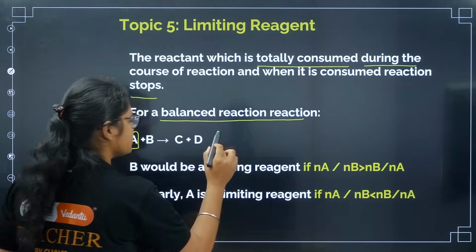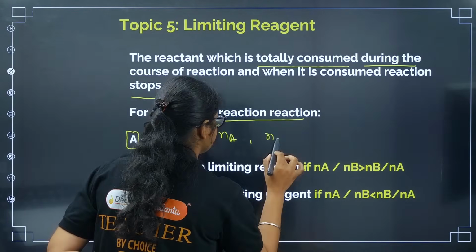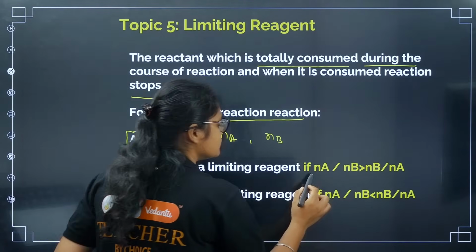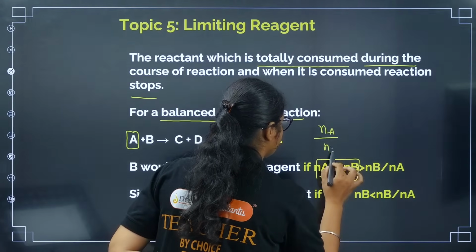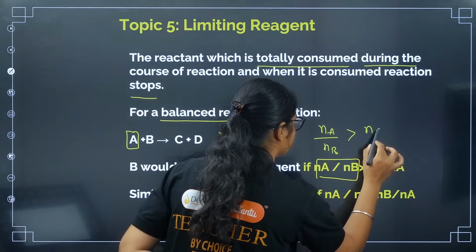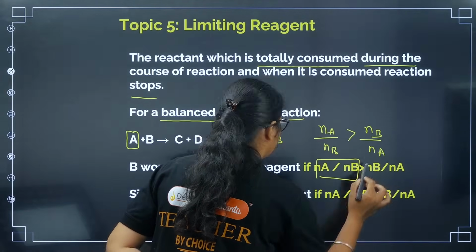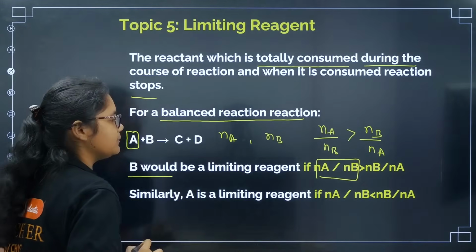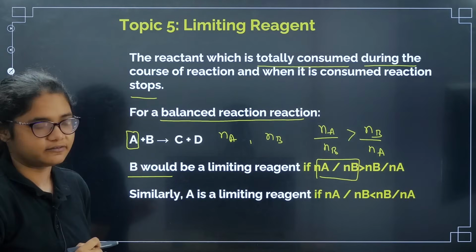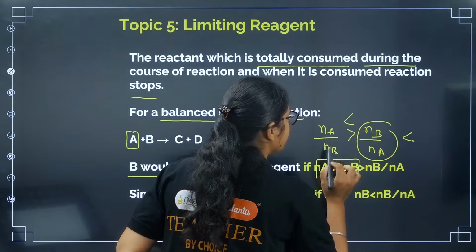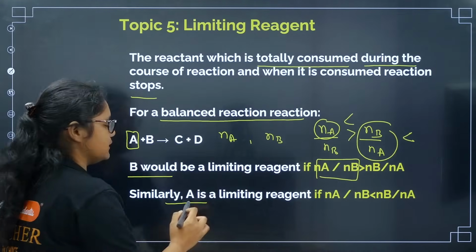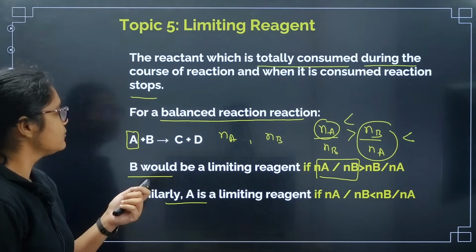Find the number of moles of A and the number of moles of B. Now, if the ratio of moles of A by B is greater than moles of B by A, in that case which one will be the limiting reagent? B will be the limiting reagent. Similarly, if the other one is greater, A will be the limiting reagent. Clear? Very easy to find out.